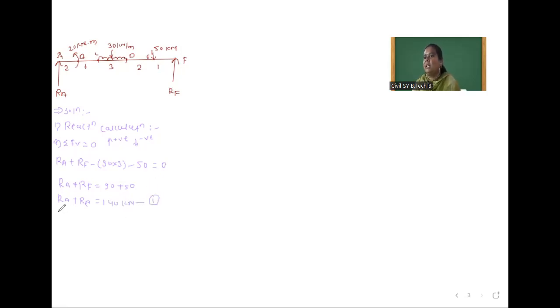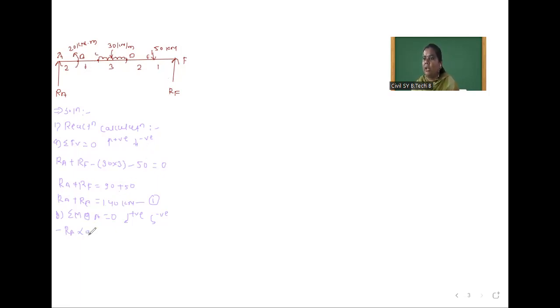Now we will apply the second condition, summation of moment at A equal to 0. Clockwise moment we will consider positive, anti-clockwise moment negative. RF creates anti-clockwise, so minus RF into perpendicular distance, which is 2 plus 3 plus 3 plus 1, that is 9.